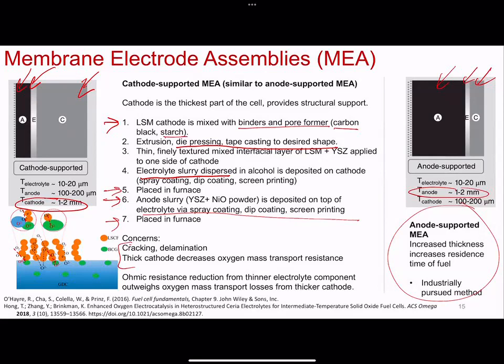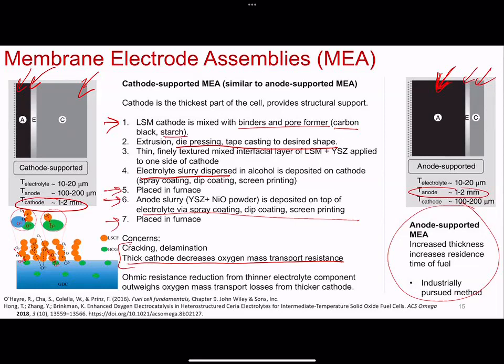The other thing is, if you use the cathode as your structural component, that means it's going to be the thickest part of your assembly. There's going to be a lot of ohmic resistance through the cathode. So industry tends to make the anode the thickest part of their assembly.